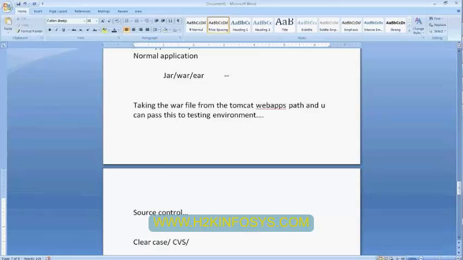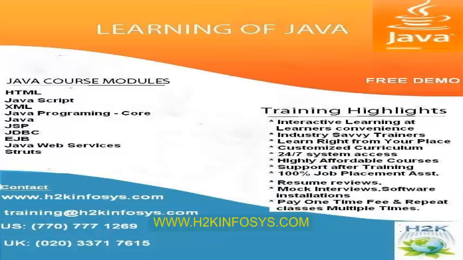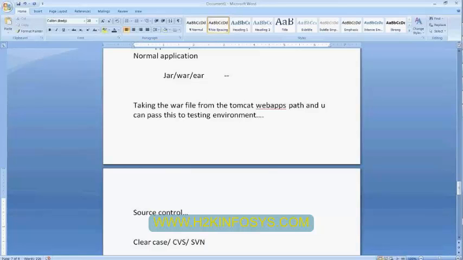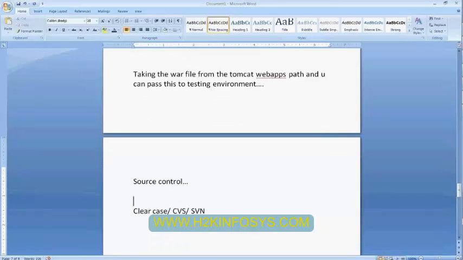It will also maintain versioning of your code. We will look at some of the options available in source control in the coming classes, but not in full depth. ClearCase, CVS or SVN, these are some of the source control tools that are available.